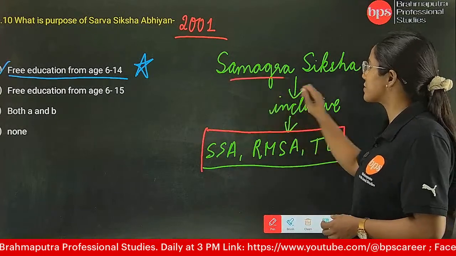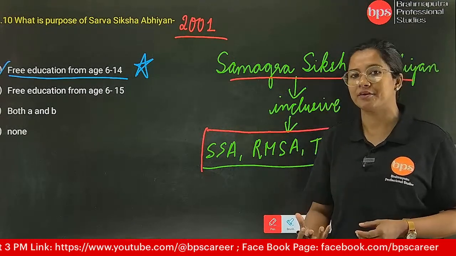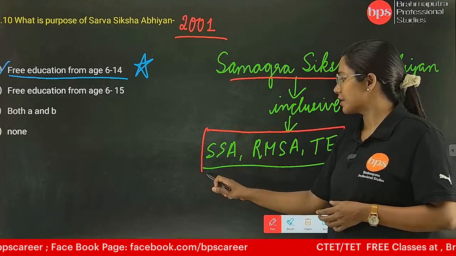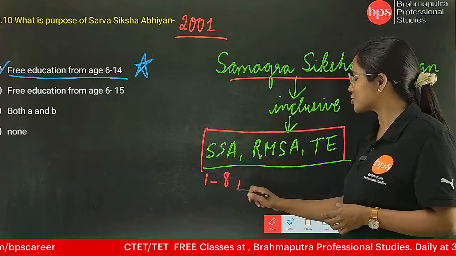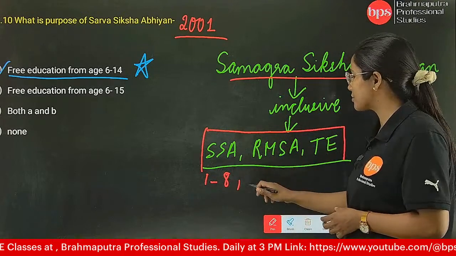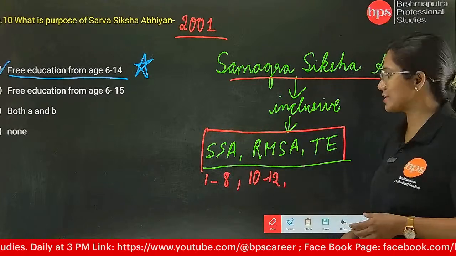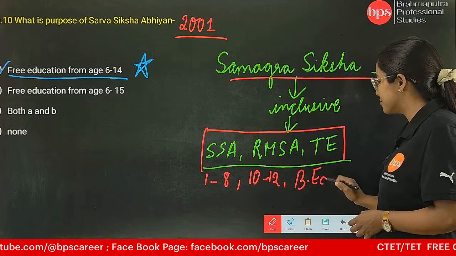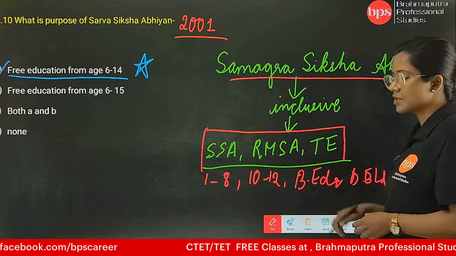So what is Samagra Siksha Abhiyan? It is an inclusive education system which includes Sarva Siksha Abhiyan, that is class 1 to 8, Rashtriya Madhyamik Siksha Abhiyan from class 10 to 12, and teachers education, which includes teacher training programs, that is B.Ed and D.El.Ed.